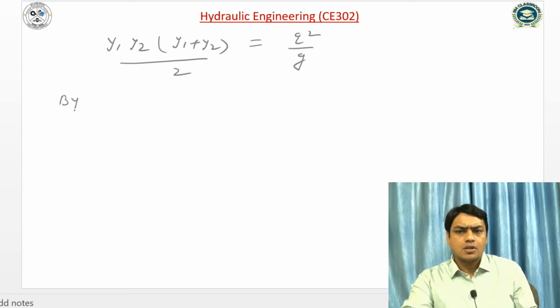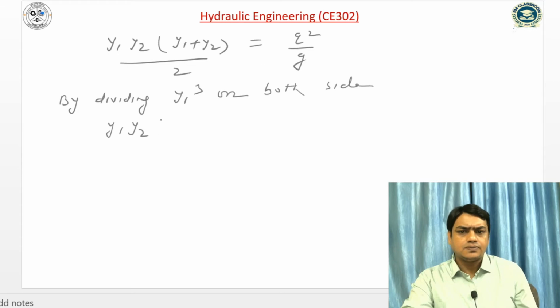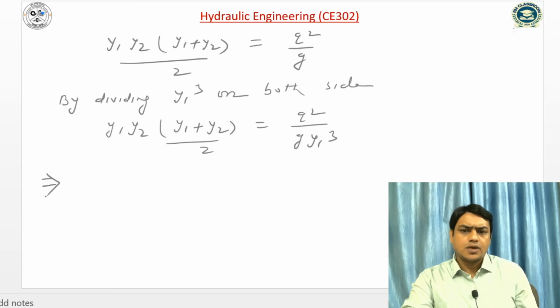Dividing by y1 cube on both sides, we can write y1 y2 into (y1 plus y2) by 2 is equal to q square by g y1 cube divided by y1 cube.